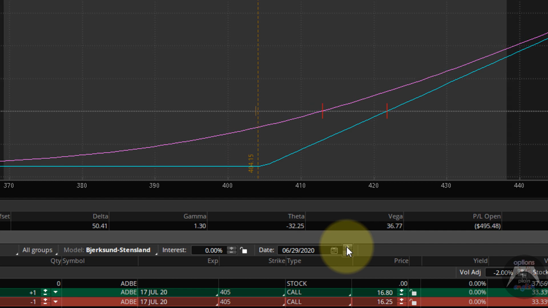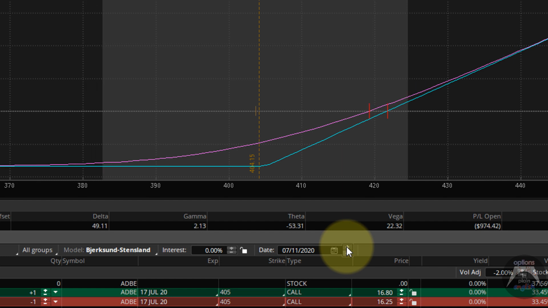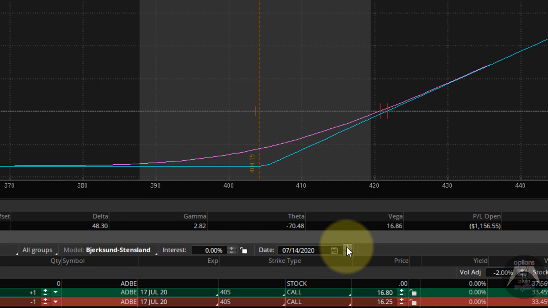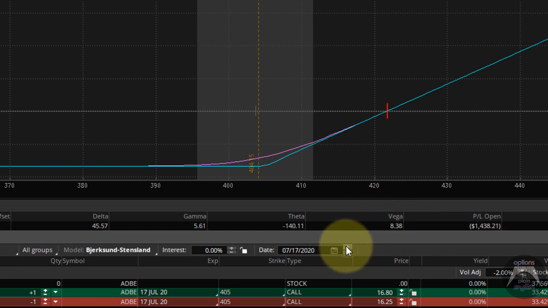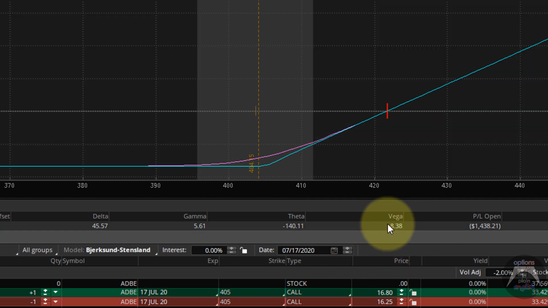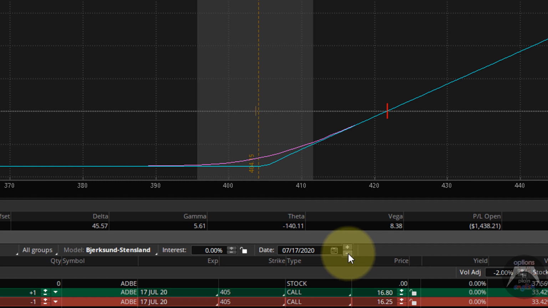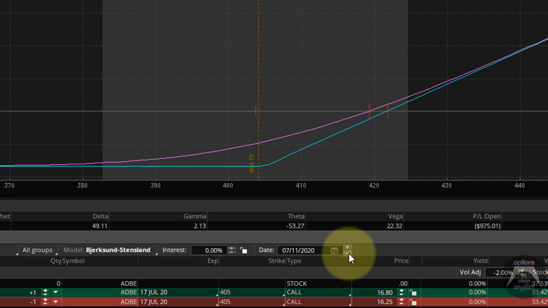Now, keep in mind, expiration is, I think, July 17th, I believe. So see how Vega starts going down, and it's almost going to hit 0 right here until it expires, and then you have 0. So you can see how Vega depends on time to expiration, and also how it goes down as time passes.